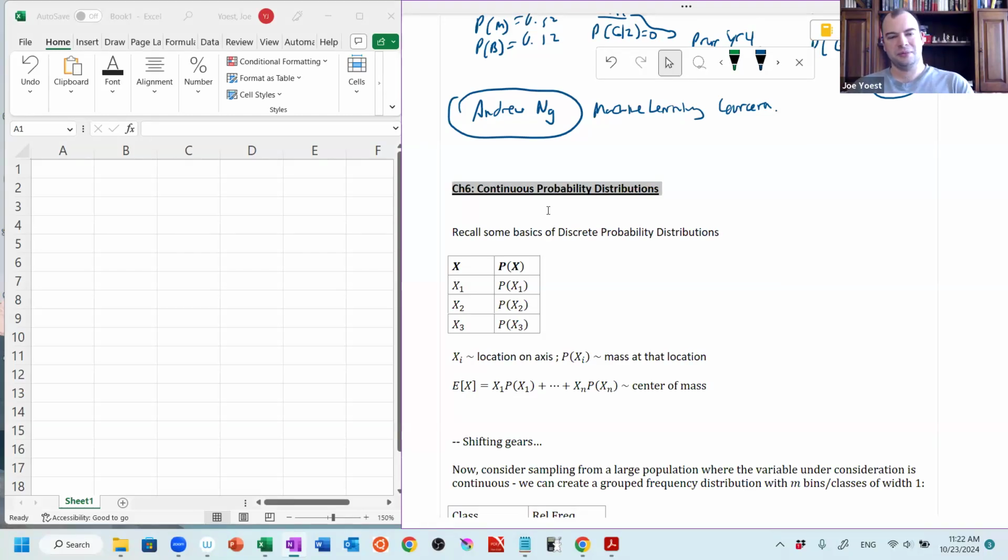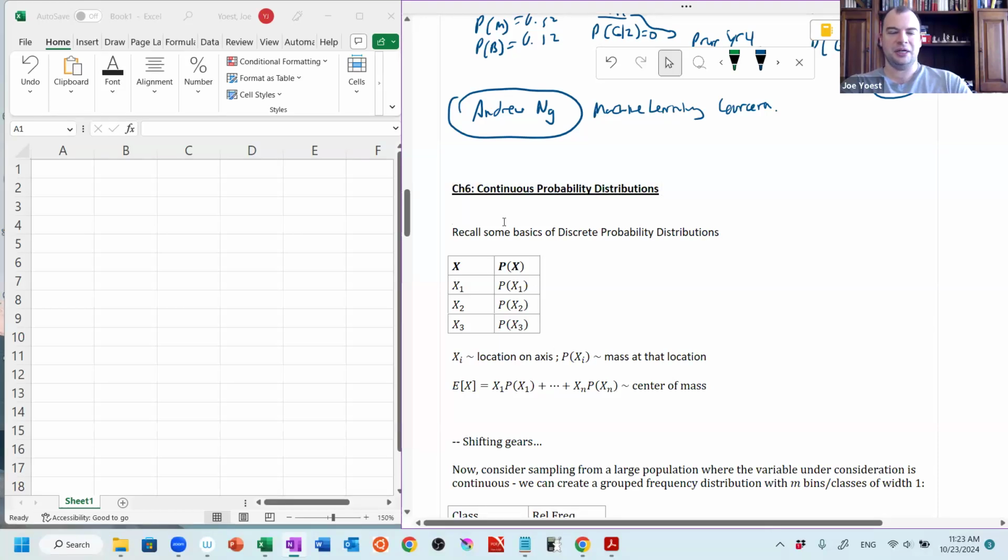We're now taking the opposite perspective and saying, assume we know the underlying distribution, the underlying frequency distribution or probability distribution, and maybe we want to know what might happen on average on one run of the experiment, or what is the range of reasonable outcomes that could happen in one experiment, something like that.